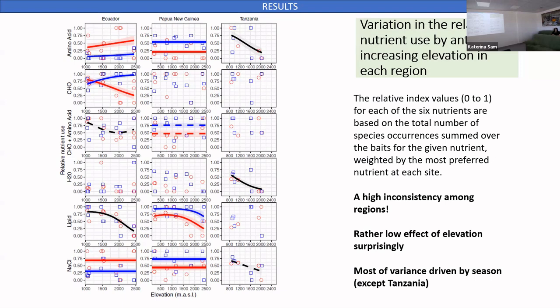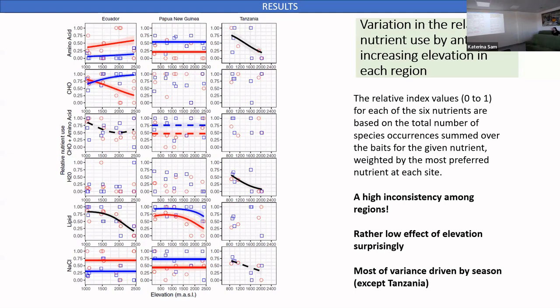Basically, if you have a horizontal line, it's only a seasonal effect. If you have banded seasonal lines, it's season plus elevation, and if they are crossing, it's an interaction effect, which happened only for sugars in Ecuador, which decline in the dry season with elevation, but not at all in the wet season, and that's quite a significant trend.